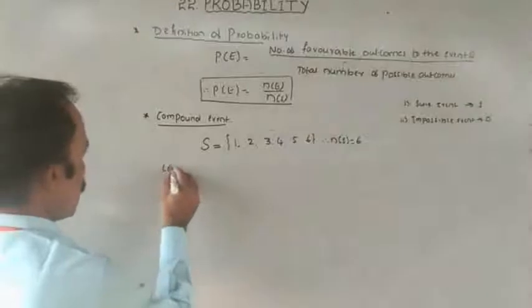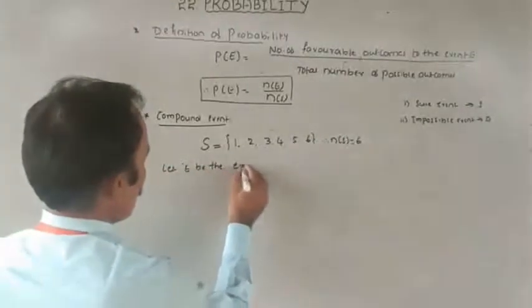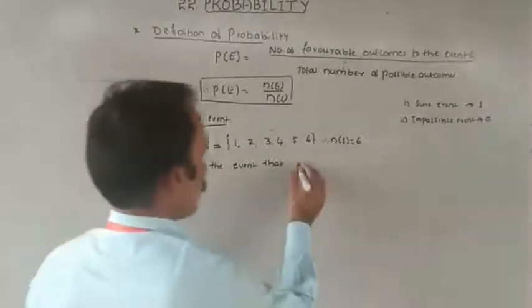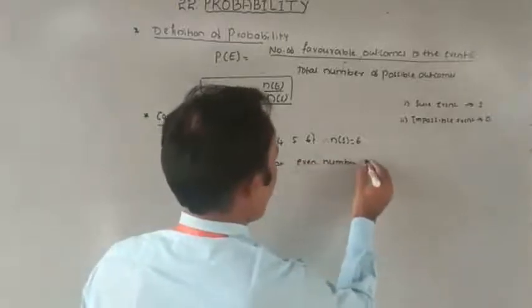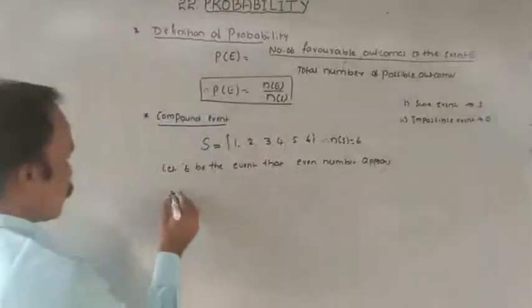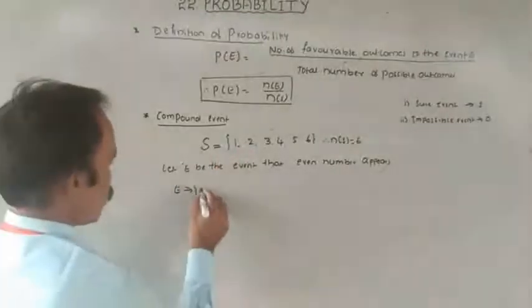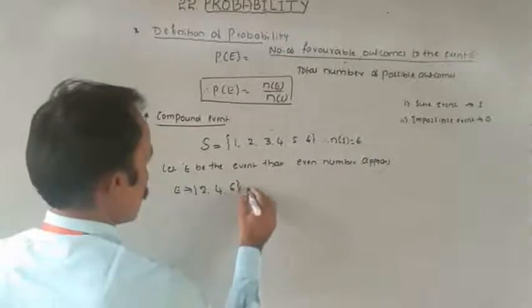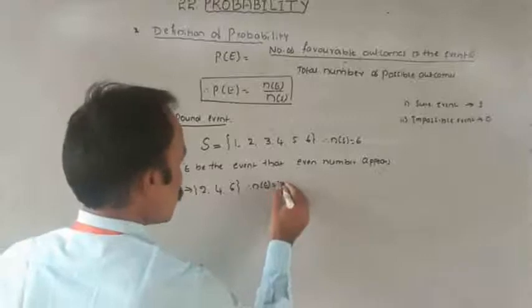Consider an event. Let E be the event that an even number appears. Note down what the even numbers are from this set. 2 is an even number, 4 is also an even number, 6 is also an even number. What is the value of n of E? That is 3. Why?